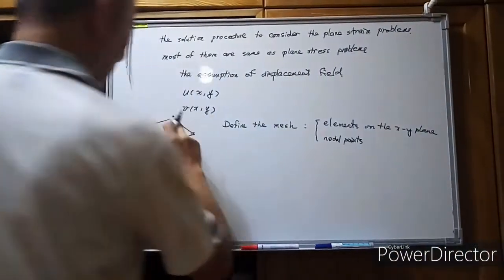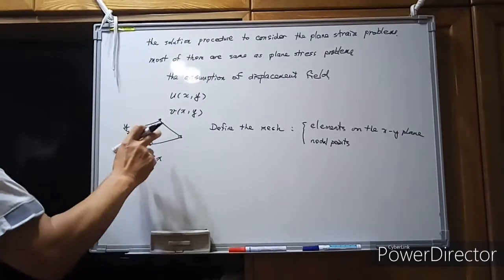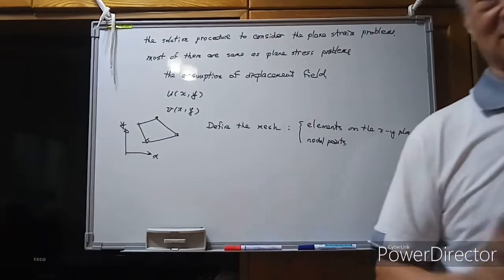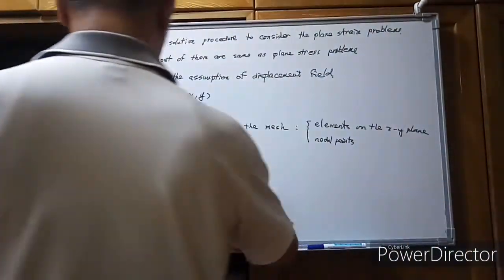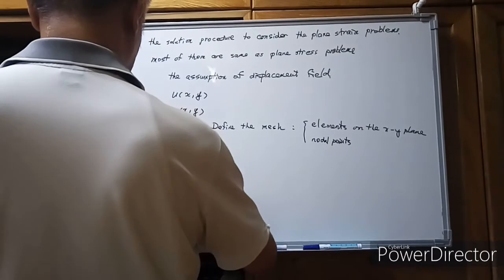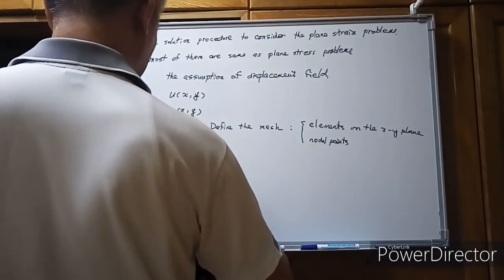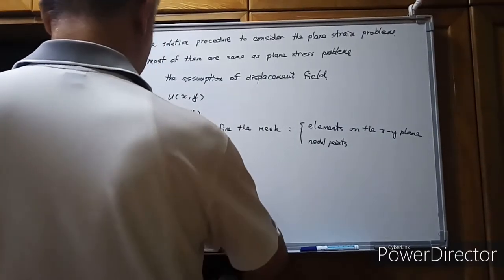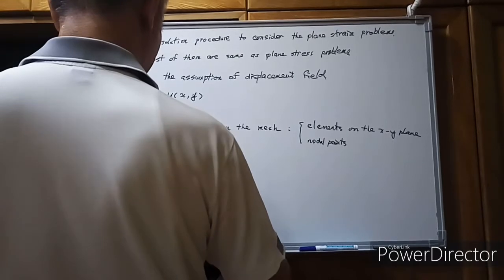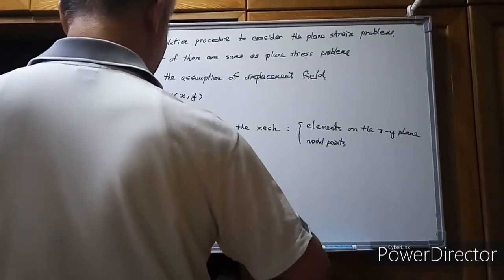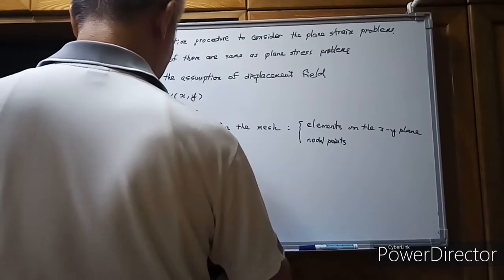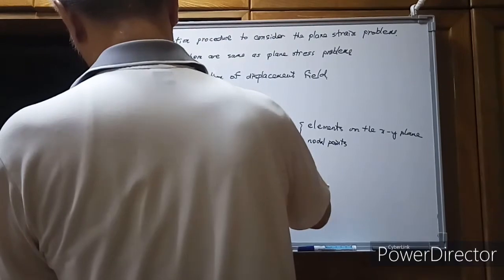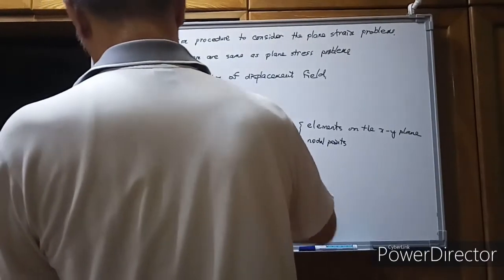So you can say we have the xy plane, and on this plane you can see the so-called real element, and also you have the Cartesian eta plane, and on the Cartesian eta plane, you will see the mapped element.